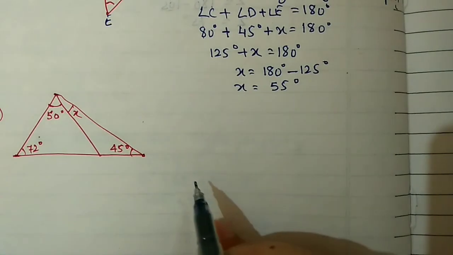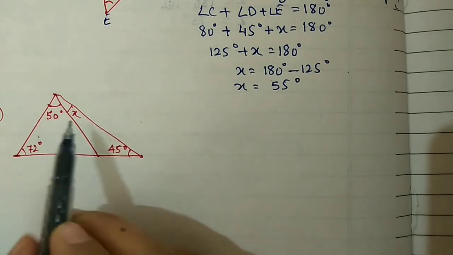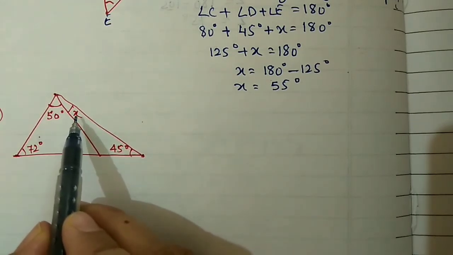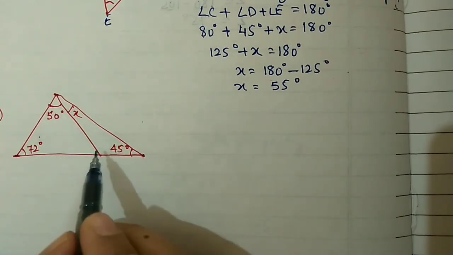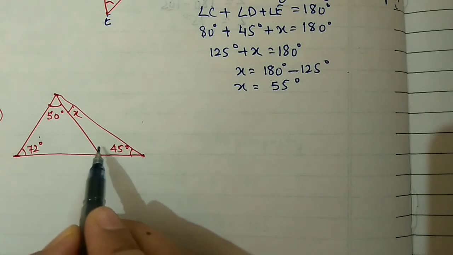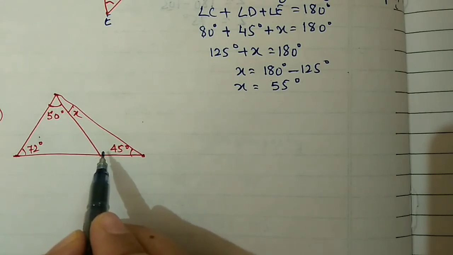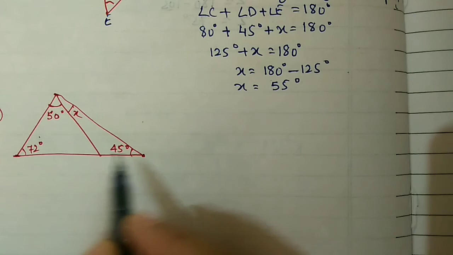Next, third part of question number 1. In this question you have to find the value of x. To find this we need one more angle. This angle we can find with the help of the exterior angle property.